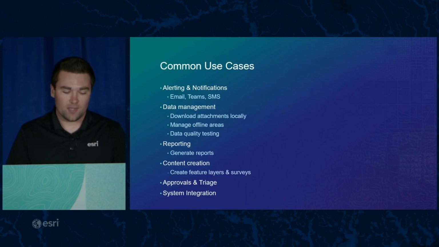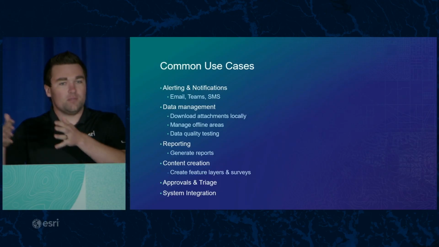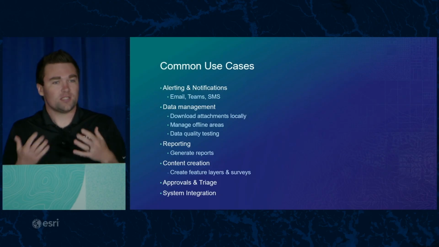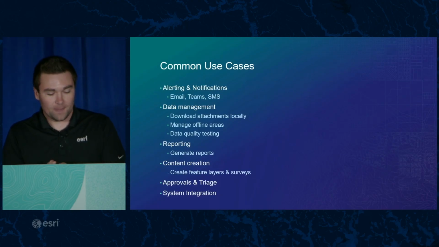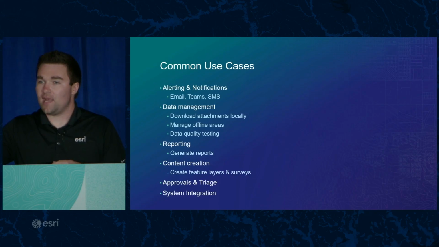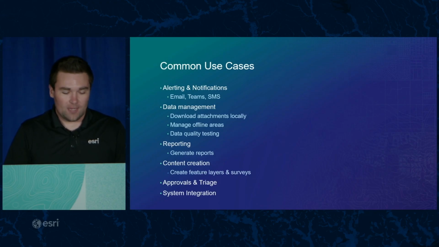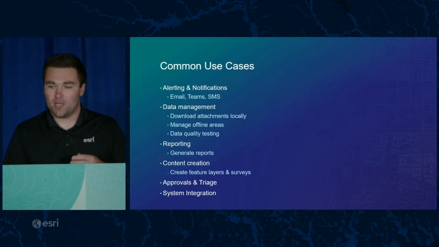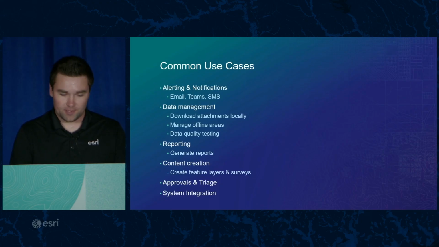Approvals and triage, so a pipeline as data moves across the various states that it may be in. So from initial submission, someone provides an approval or something, and then it moves on to the next aspect of the workflow. And again, system integration, so bringing data, bringing things into third-party ecosystems or third-party applications.